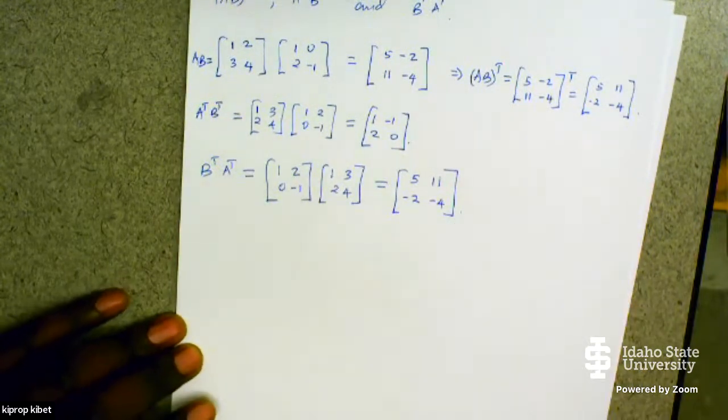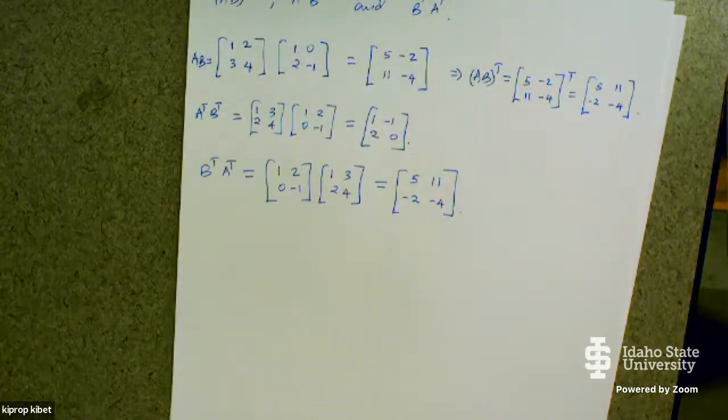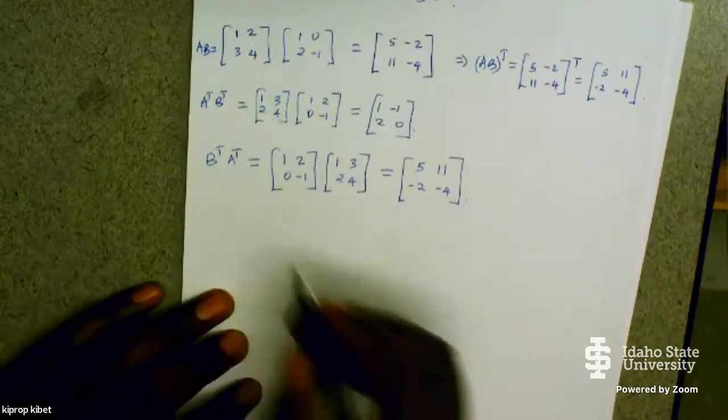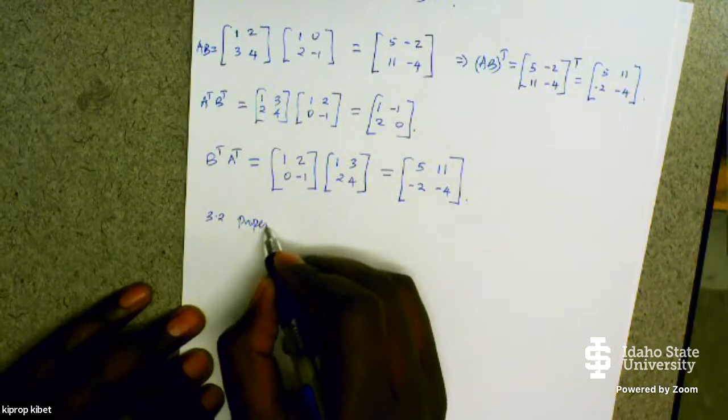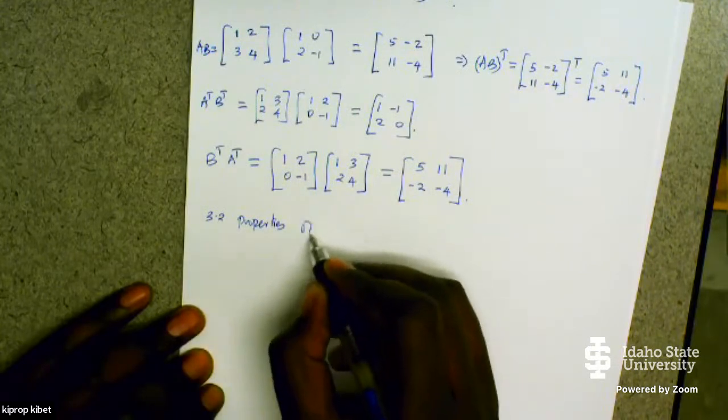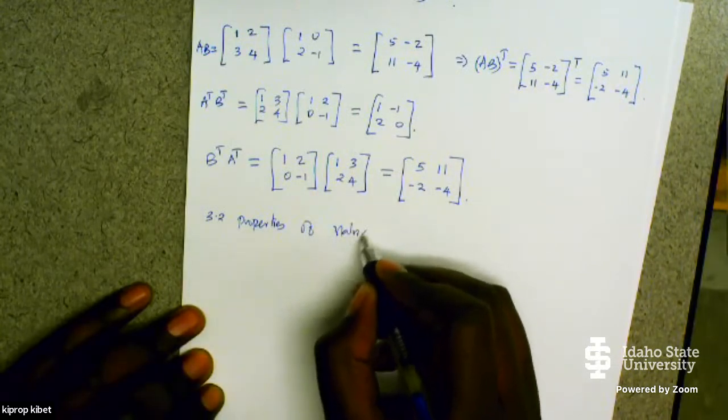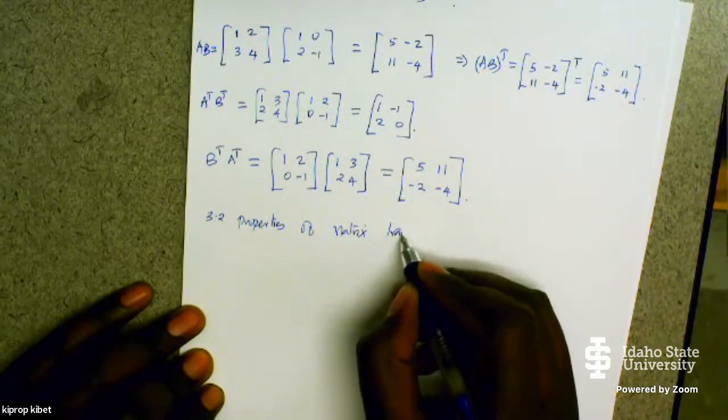So that is what you should get. Then what do we see from the three examples there? This will lead us to 3.2, which are the properties of matrix transpose.